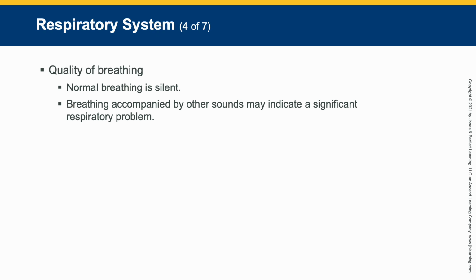Now, how do we evaluate the quality of breathing? Normal breathing should be silent, effortless, and symmetrical. If you hear abnormal sounds like wheezing, gurgling, stridor, or crackles, you may be dealing with an obstruction, fluid in the lungs, or a narrowed airway. You also need to watch for signs of labored breathing, such as tripod positioning, accessory muscle use, and 2 to 3 word dyspnea. These physical signs tell you that the patient is working hard to breathe, and that's a warning sign.